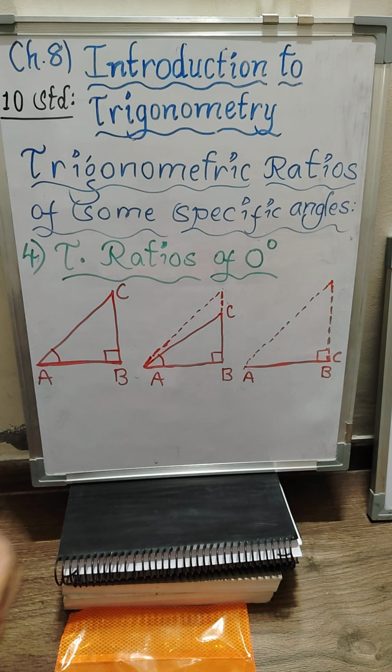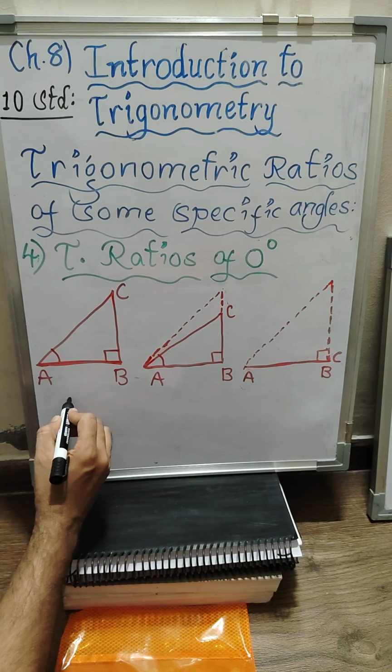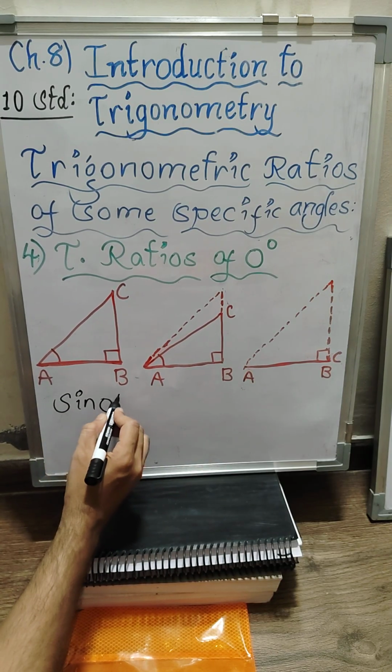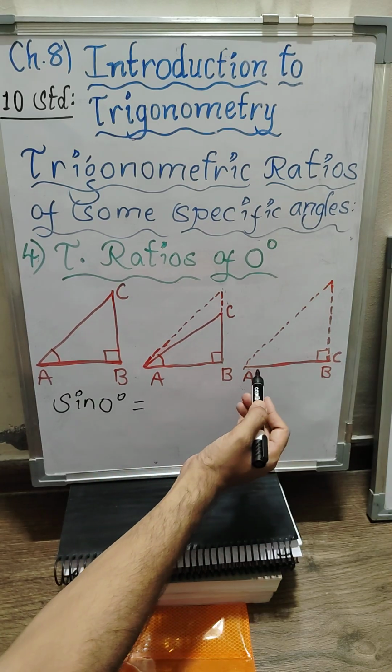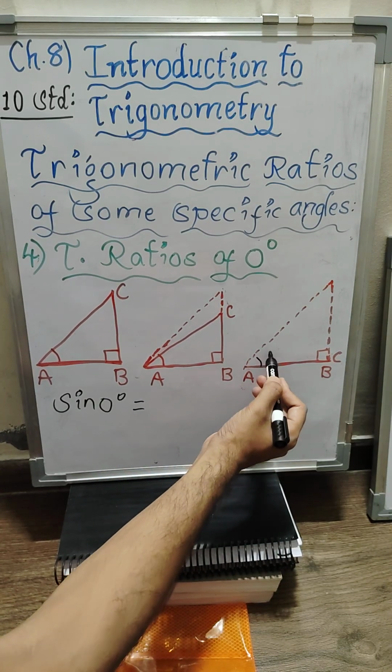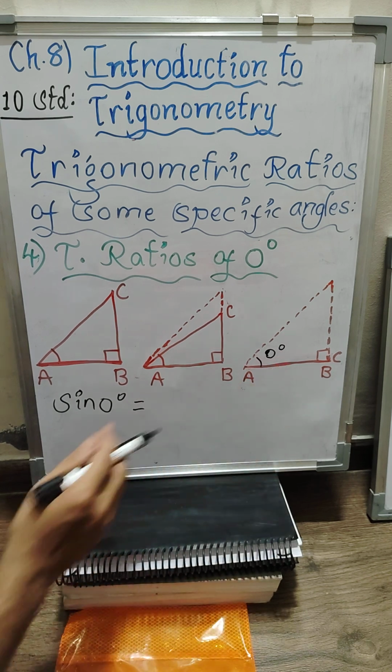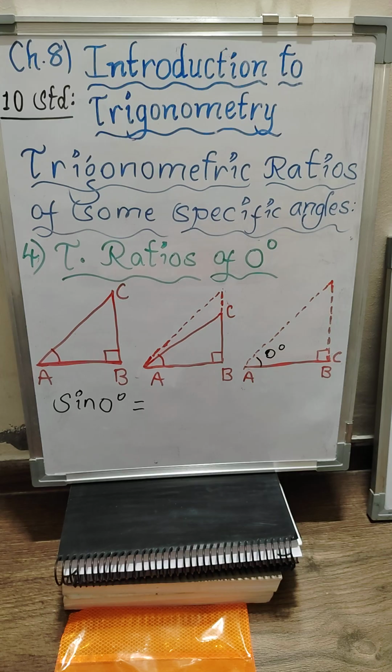So sine 0 degrees for this triangle is 0 here, as AC is coinciding with AB. Angle between AC and AB is 0.